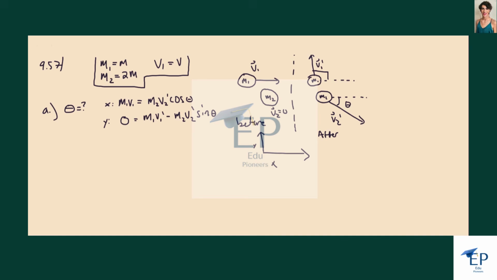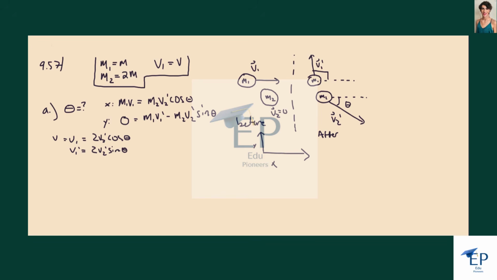What can we write for these? Well, we can write v1 as 2 v2 prime cos theta, and that's how we get that, by plugging in our m1 and m2 relations here. And also v1 equals v. We can also write v1 prime from the second equation as 2 v2 prime sine theta, again by plugging in our mass relations there.